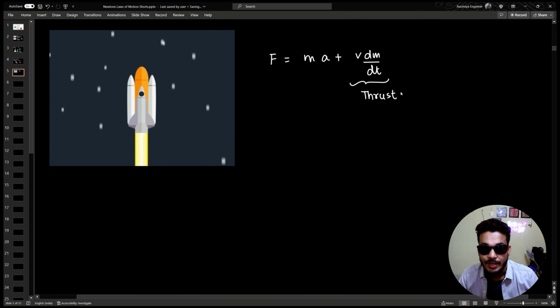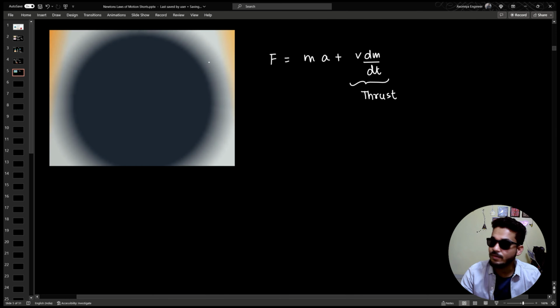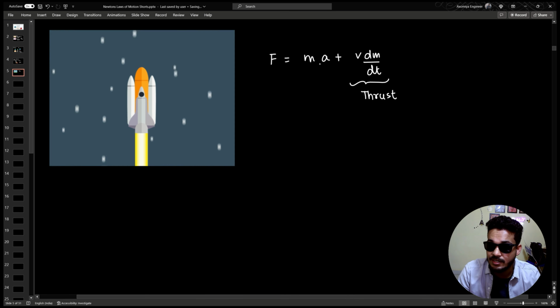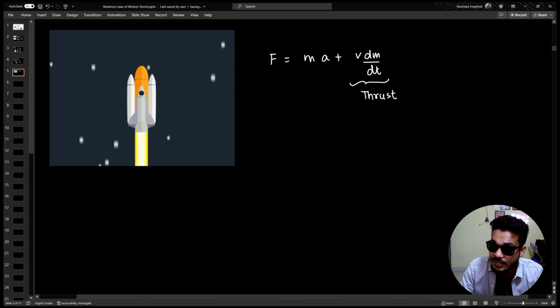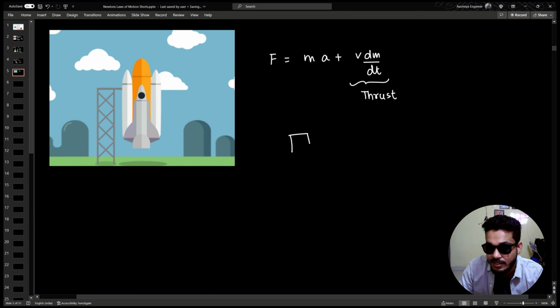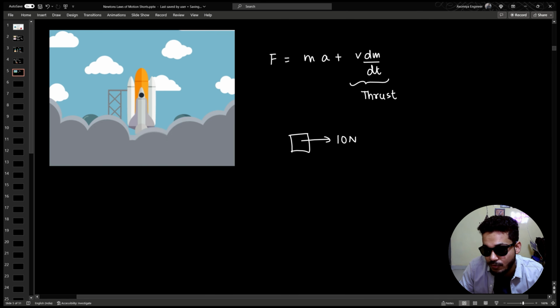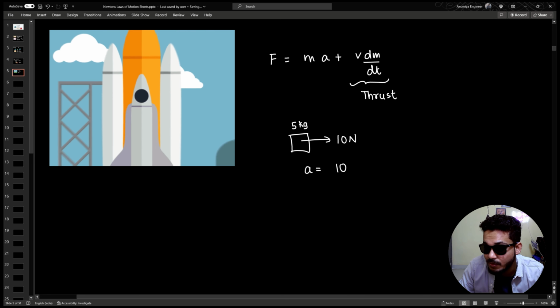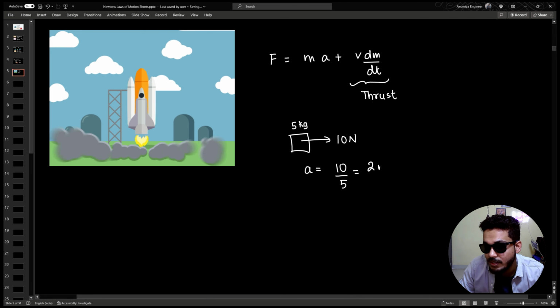Now in most cases, like 70% of the cases in the classical physics that you're going to deal with, mass is going to be constant. Like when I say a block is there and you apply 10 Newton force on a 5 kg block, the acceleration simply comes out to be 10 by 5, which is 2 meter per second square.